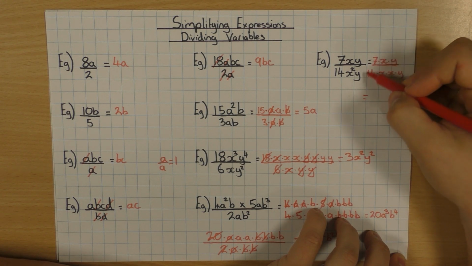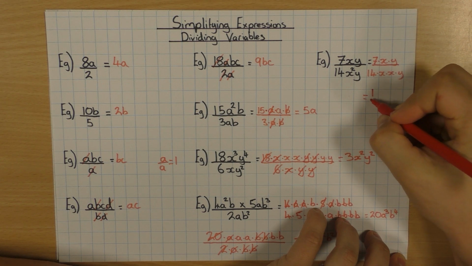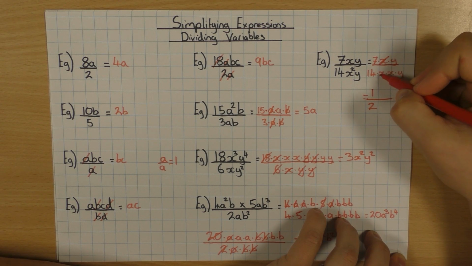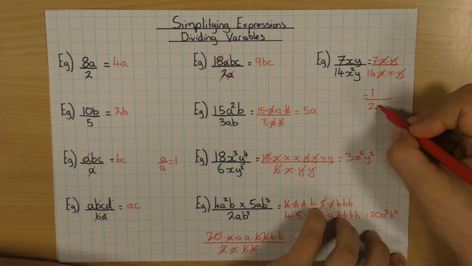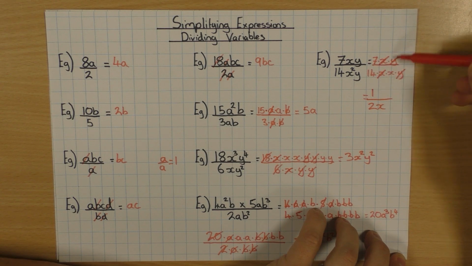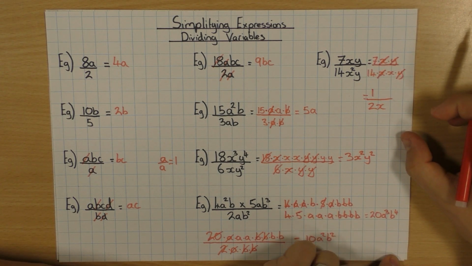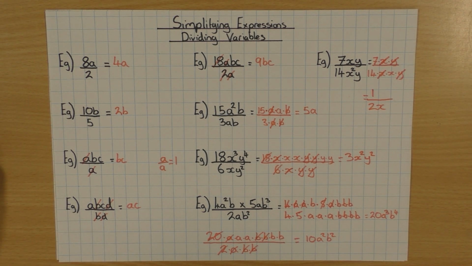If I think of it as a fraction, 7 over 14, that will simplify to a half. And then an x will cancel, a y will cancel, and I'm just left with an x on the bottom. So it would just be 1 on top divided by 2x. You just cancel what you can cancel, simplify what you can simplify, and then see what's left. If that's what's left, that's your answer. Okay, hope that's useful, guys.